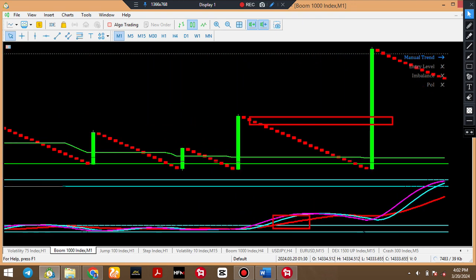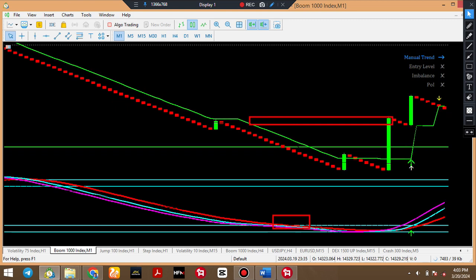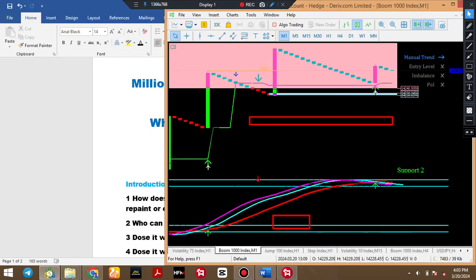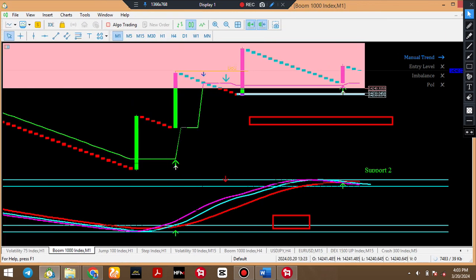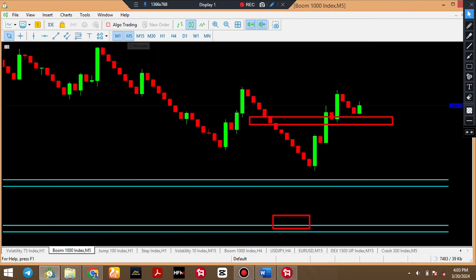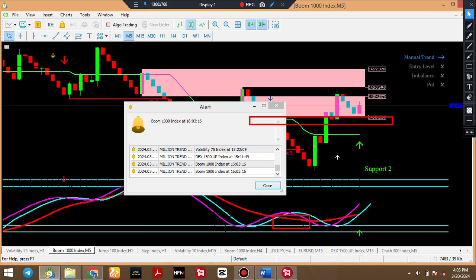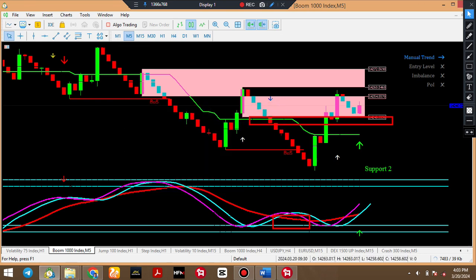It will be difficult, guys. So let's just maintain it. Even in 5 minutes, I couldn't see it. I wanted you guys to see the entry zone, entry point.